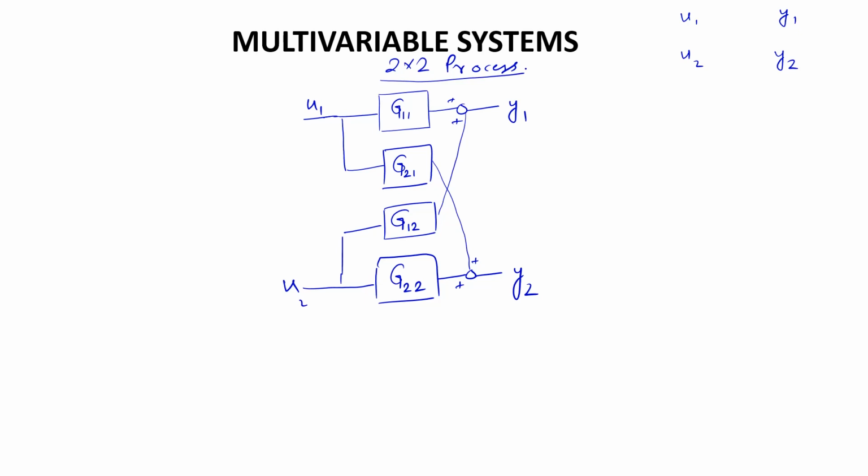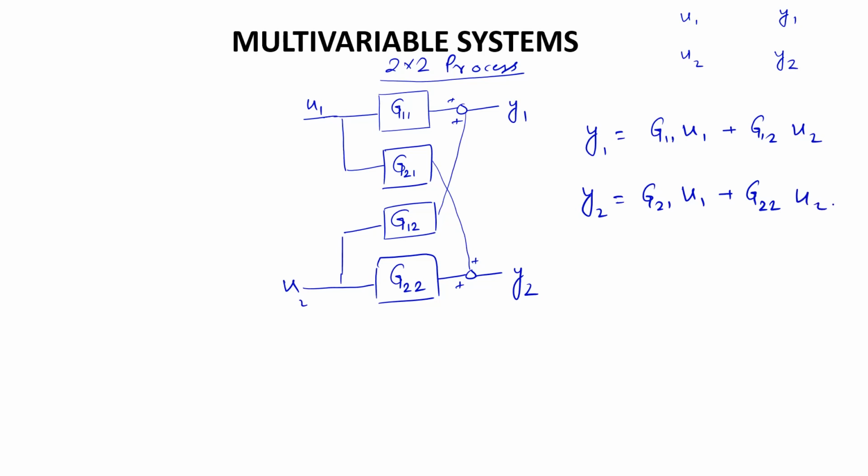If you look at this block diagram, Y1 is equal to G11 U1 plus G12 U2, and Y2 is equal to G21 U1 plus G22 U2.